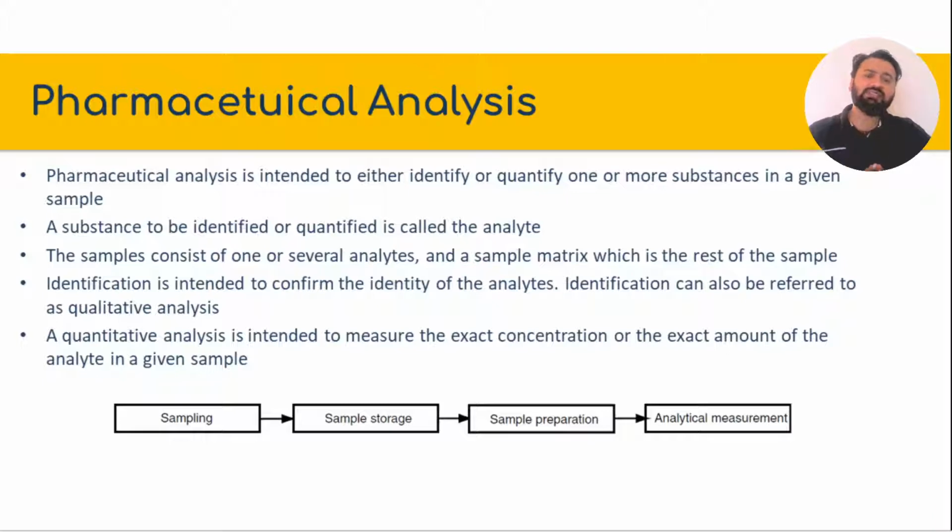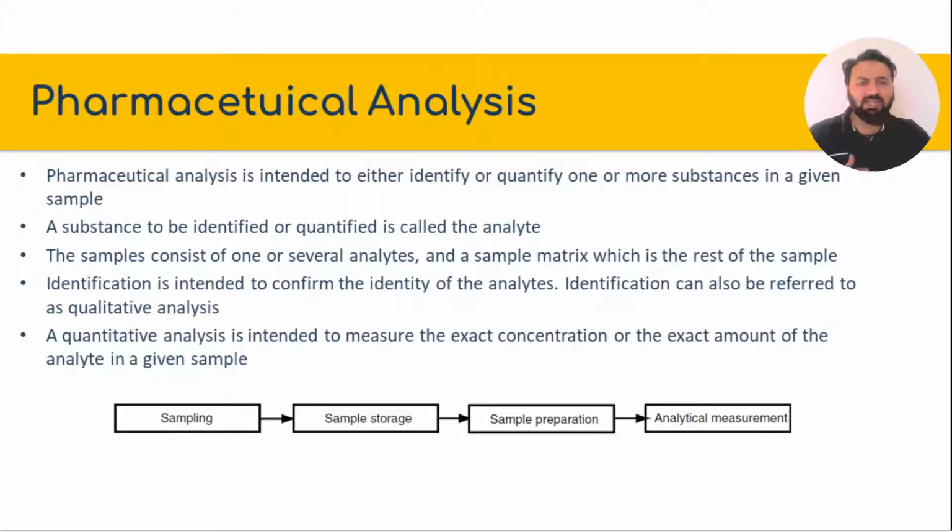Quantitative analysis is used to measure the exact concentration or amount of the analyte in a given sample. So when we are doing quantitative analysis to measure the exact concentration or amount in a given sample, we need some unit or some expression for the concentration.